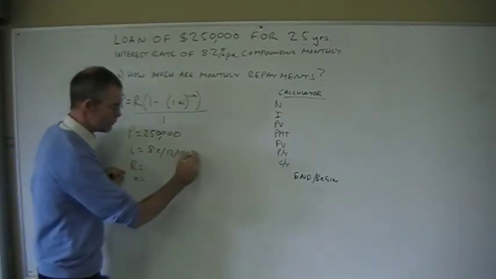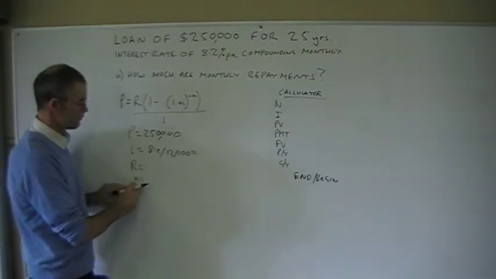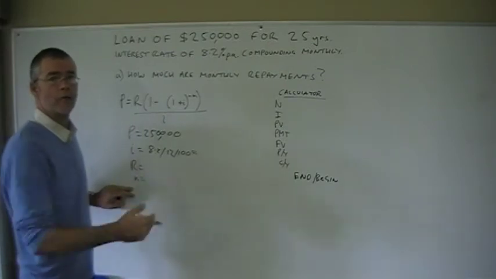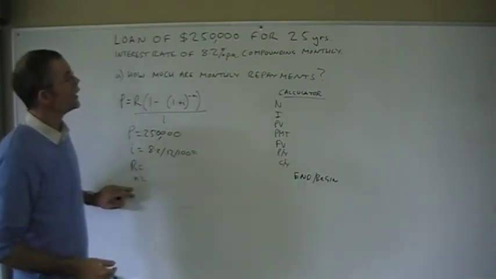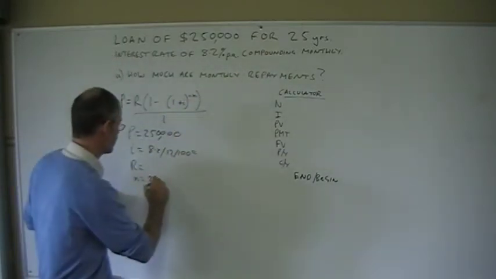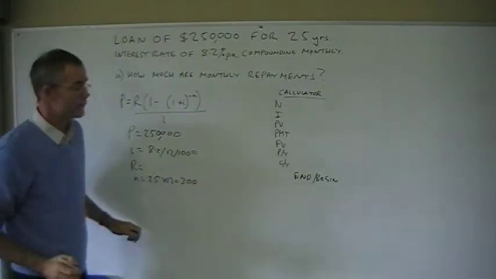R, I'll come to what that is in a second. R is what we're trying to work out, and N is how long it takes to pay off your loan, how many compounding periods to pay off your loan. It's 25 times 12, because 25 years monthly. And that comes to 300.